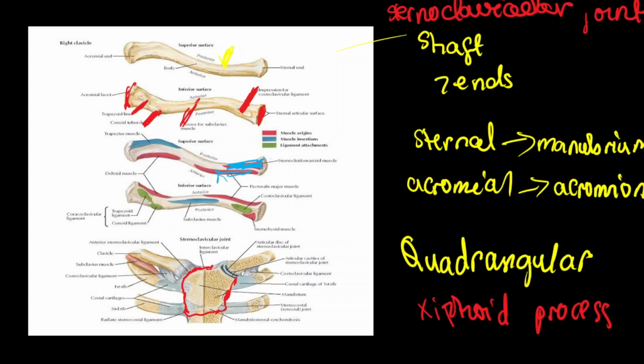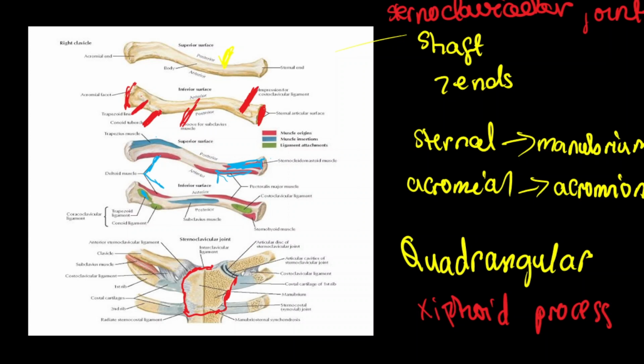The surfaces highlighted in blue are muscle insertions. We can see that we have the trapezius muscle having an insertion at the clavicle. We also have the deltoid muscle having its origin at the clavicle, and the spots highlighted in green are for ligament attachments.